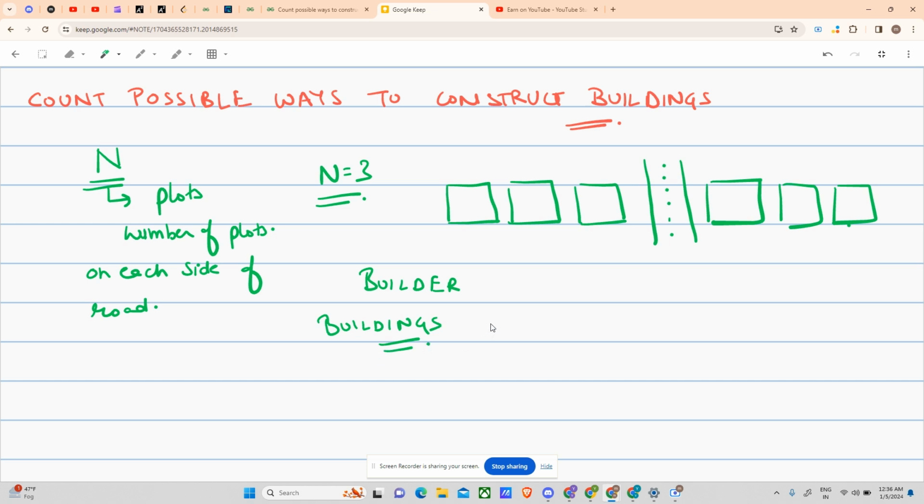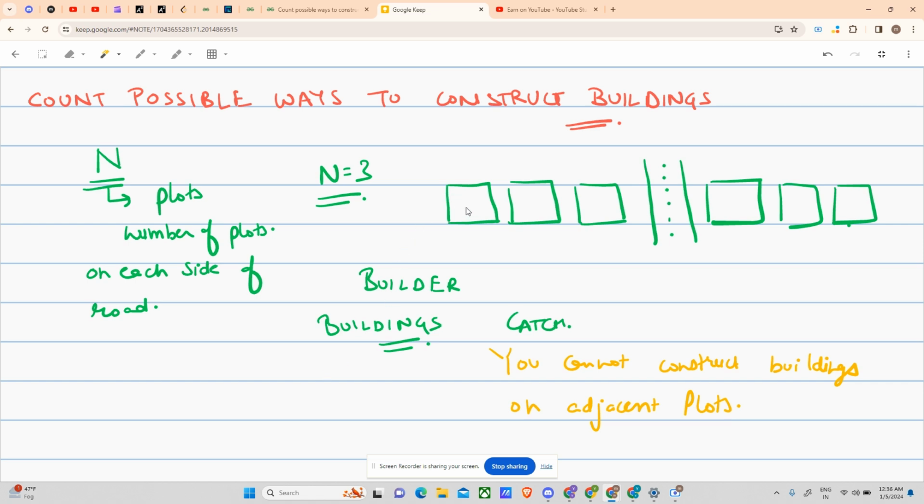But the catch is that you cannot construct buildings on adjacent plots.